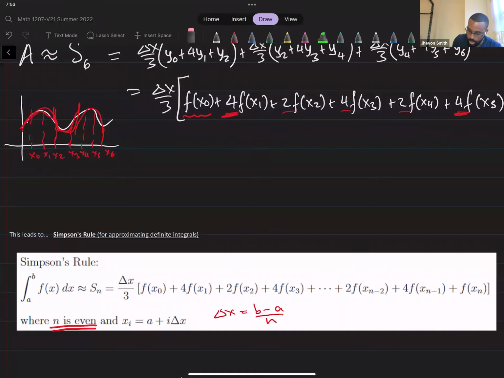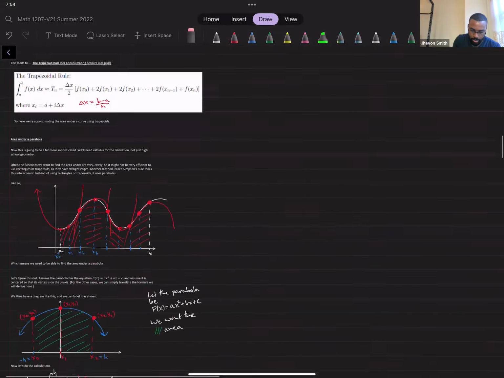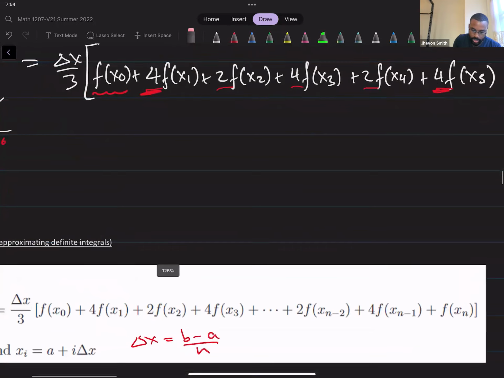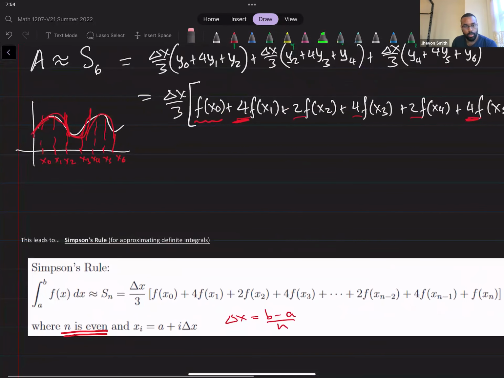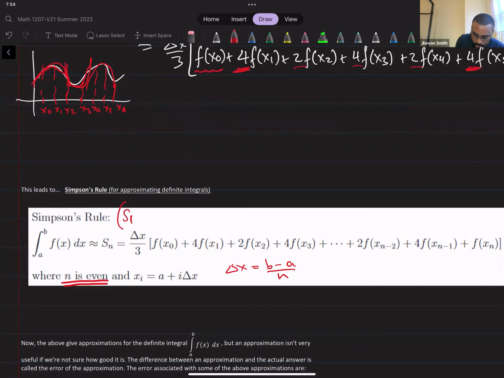So these are the 2 new formulas. These will be added to the ones you know from Calc 1, which you could write out like this. But now you have some more sophisticated formulas. And this is specifically Simpson's 1/3 rule.